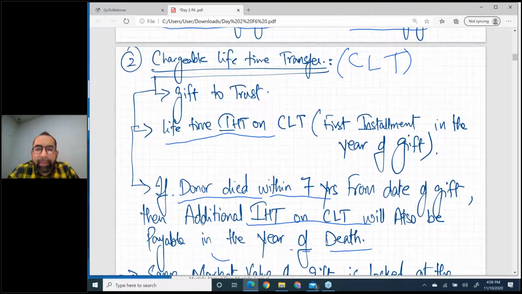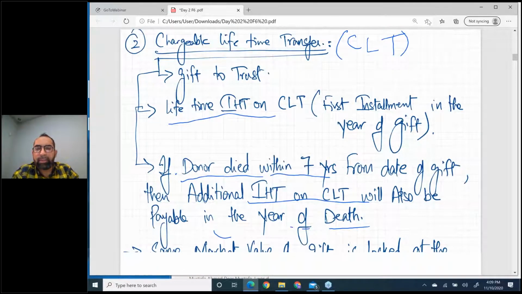The first is lifetime IHT, payable in the year in which you do the gift, right? And this additional IHT is only payable if the donor died within 7 years from the date of gift. What if the donor died after 7 years? Then there is no additional IHT, right? Then only one tax, that is lifetime IHT.